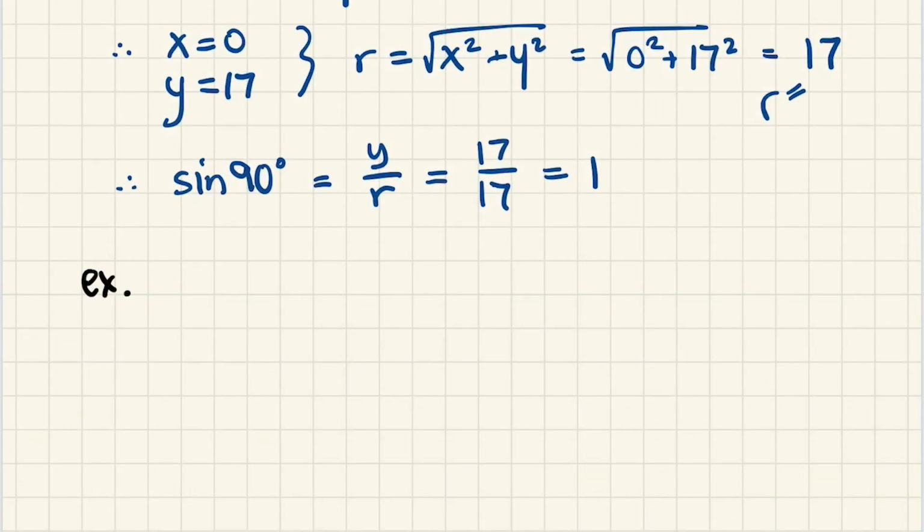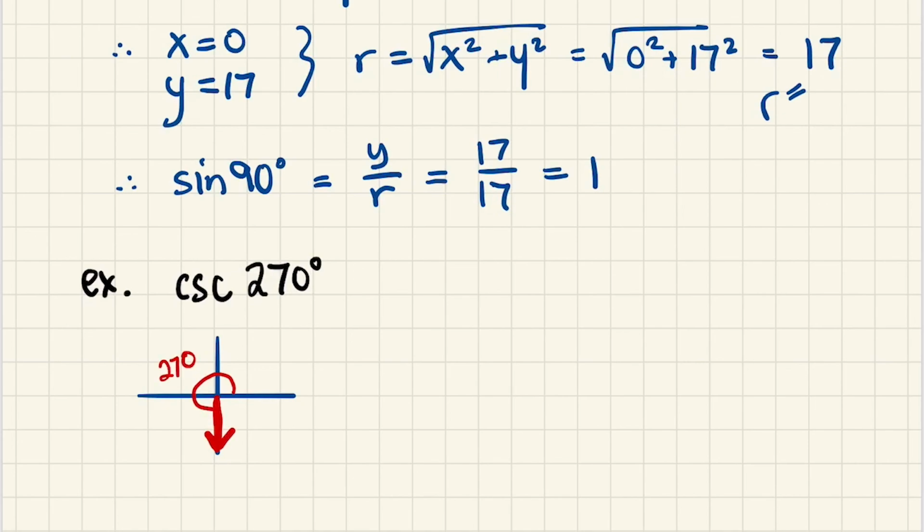All right, let's look at another one. Cosecant of 270 degrees. So, okay, let's draw 270 degrees in standard position. So we know 270 degrees points this way. So we can pick our favorite point on that line. And this time, why don't we choose some easy numbers to work with, like 0, -1, rather than going all the way to 17.